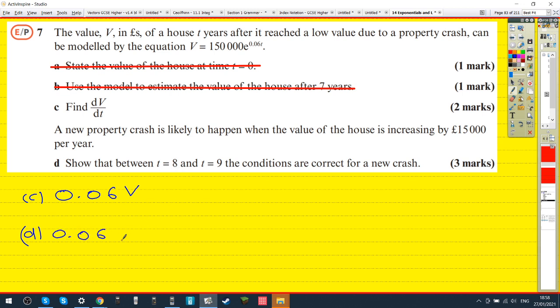Oh yeah. 0.06 times 150,000 e to the 0.06 times 8, and then the same times 9. And my guess is those 2 numbers, a new property crash when it's increasing by between 50 and 1,000 per year. And so those 2 will be in between 50 and 1,000.